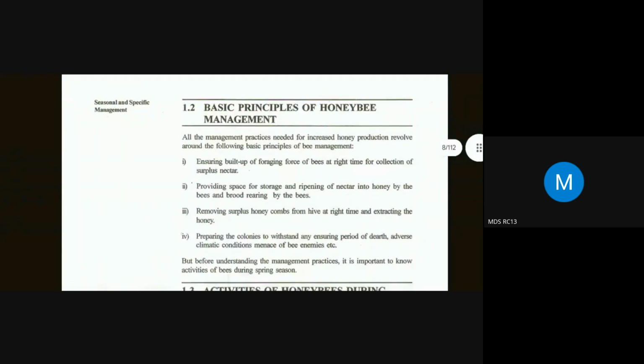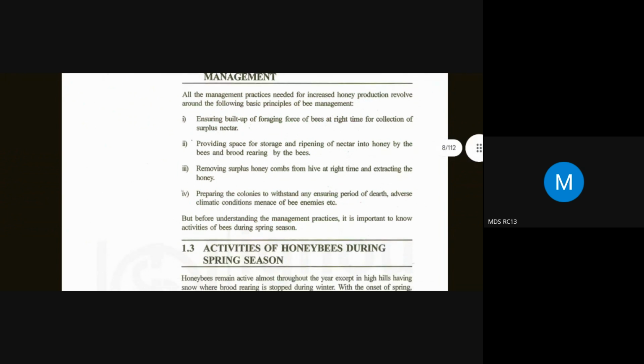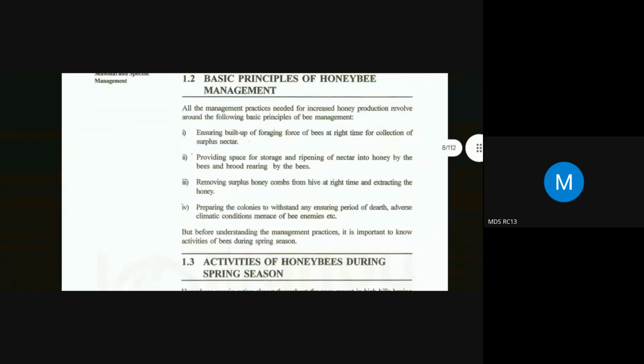All the management practices needed for increased honey production revolve around the following basic principles of bee management. I will go through the study material. If you have any queries, you can raise them in the middle, no issues.